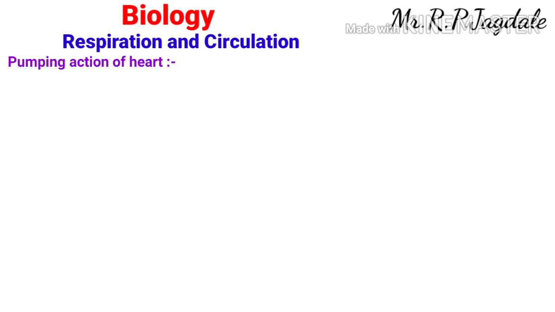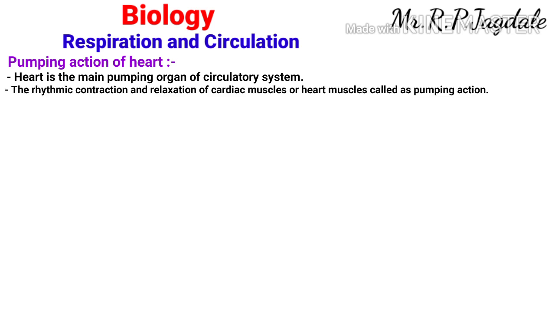Okay, we know that the heart is the main pumping organ of the circulatory system. What is the meaning of pumping action of the heart? The pumping action means the rhythmic contraction and relaxation of cardiac muscles, or heart muscles.